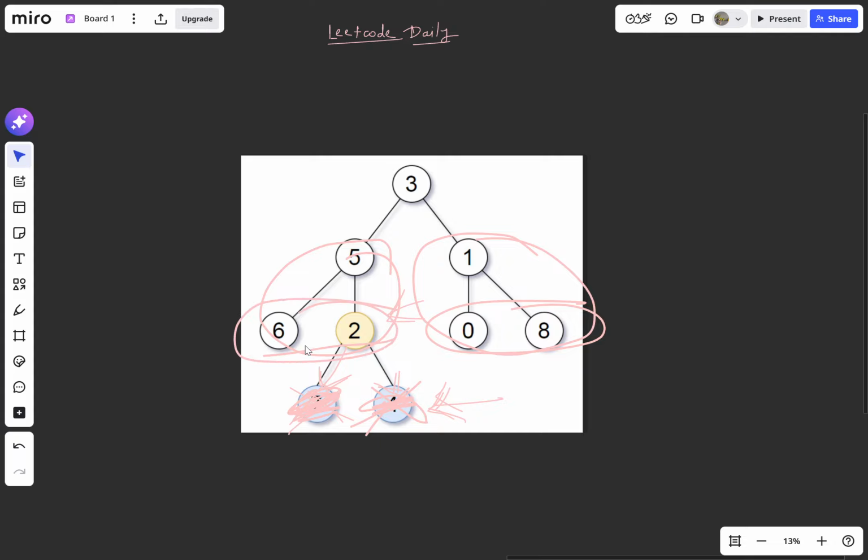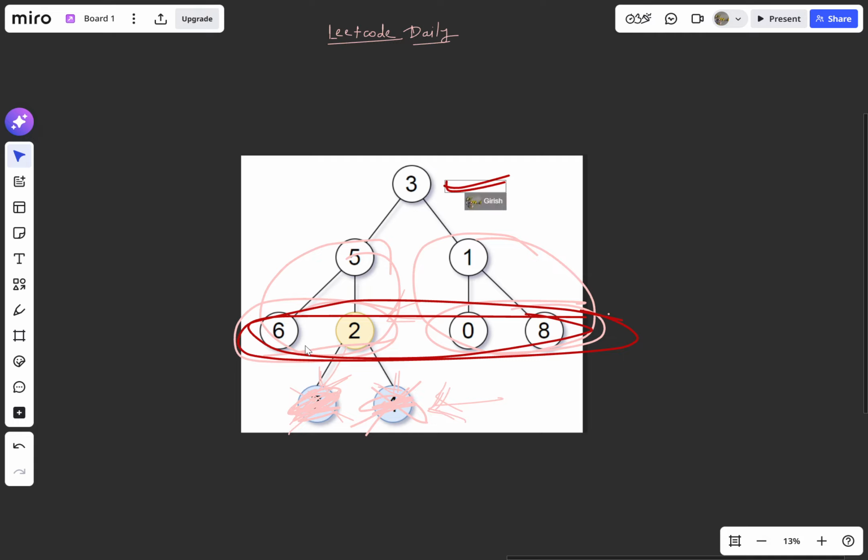But we want the node which contains 6, 2, 0 and 8 all in its subtree. So the lowest common ancestor for all these nodes will be 3.